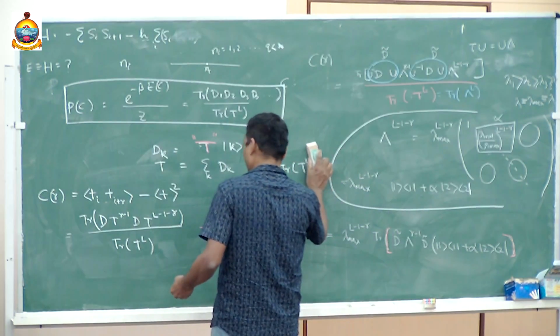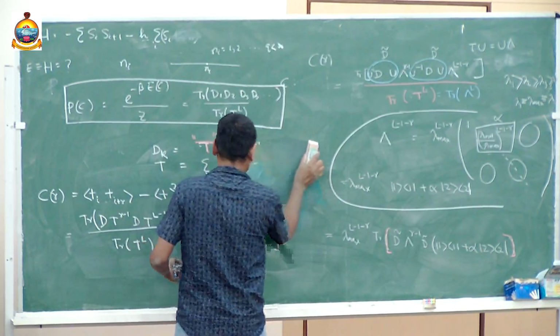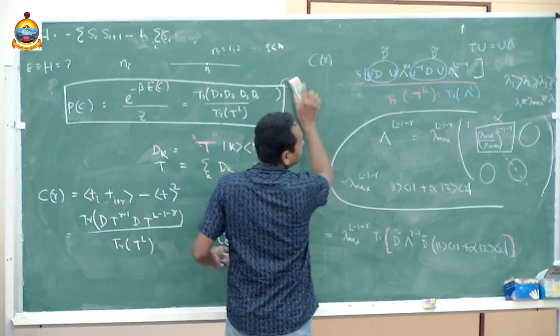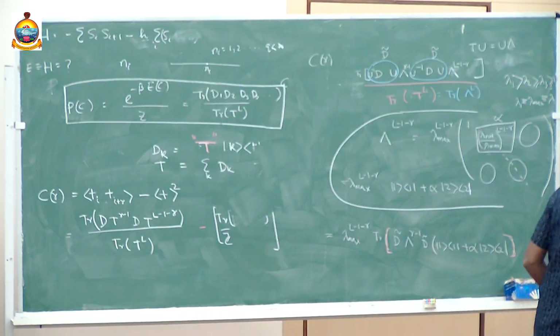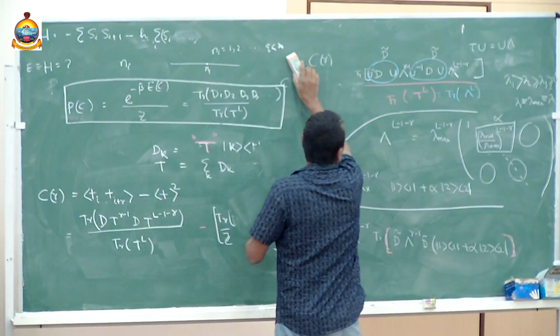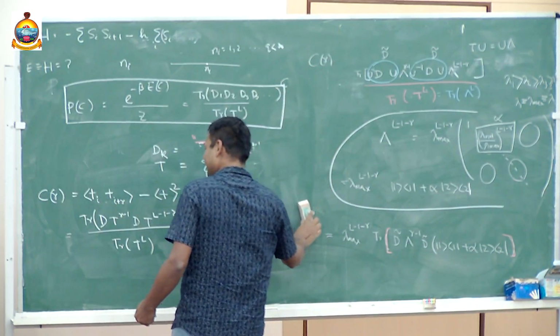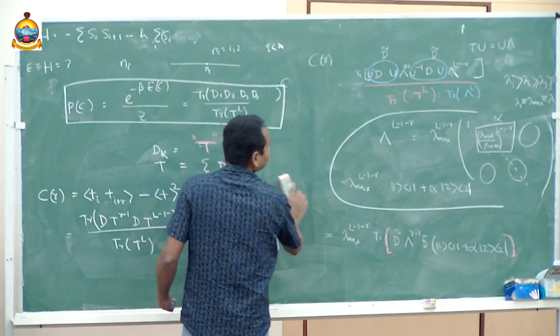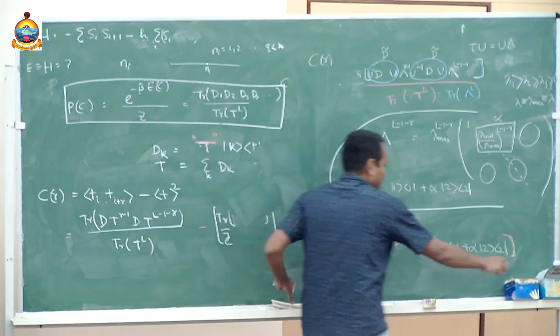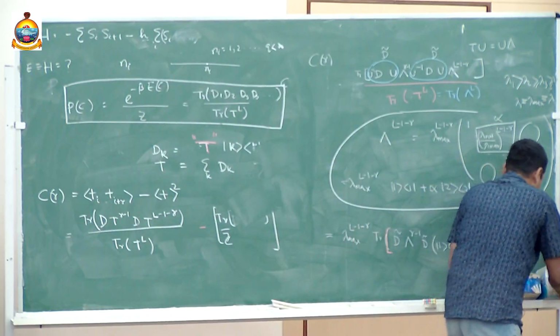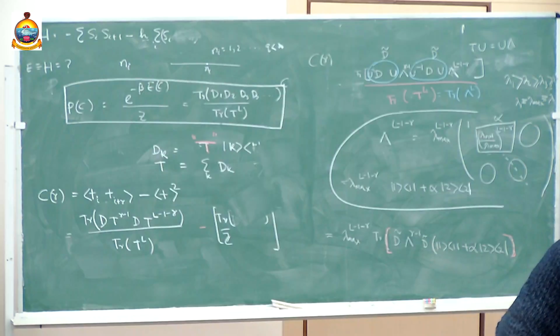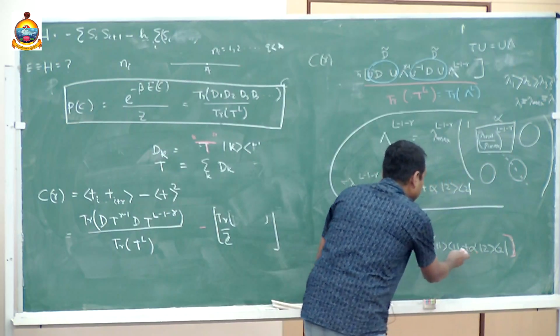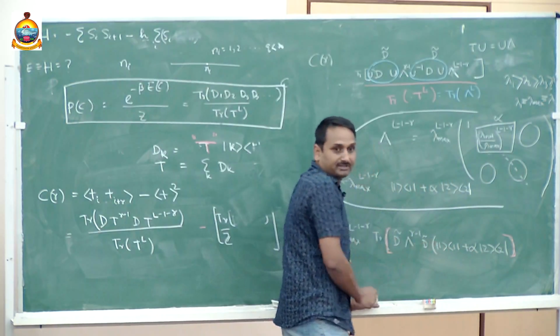I hope I'm doing still fine. Can I erase this? I'll use one more thing and then I'll go to the other side of the board. So what I do here is that this part will be just the 1 1 element of that, right?